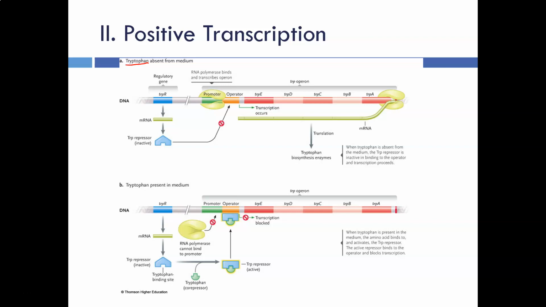So tryptophan is an amino acid that is needed. So with that, because you need the tryptophan, with positive gene control, what's going to happen is that if tryptophan is absent, this repressor right here is not going to be created.